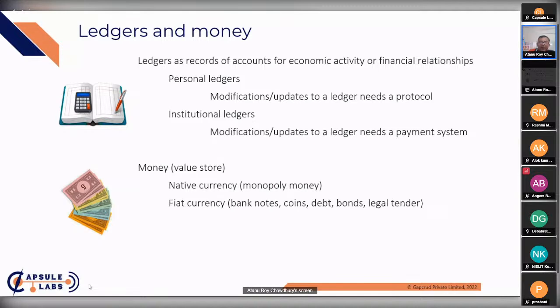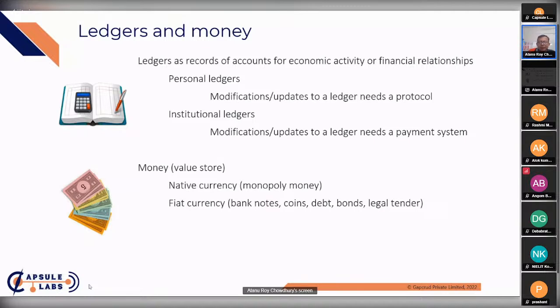For that, I will need payment systems, or I will need currency that is accepted for taxes and is represented by central banks, right? So it would be things like banknotes, coins, debts, bonds, legal tender. So this constitutes fiat currency, right? Typically, if we are talking about money, we expect that the money is durable, right?